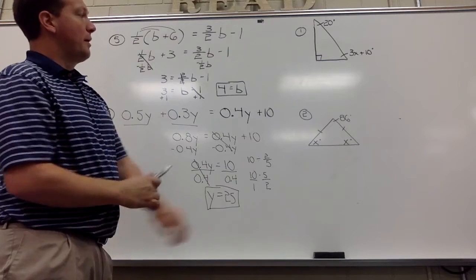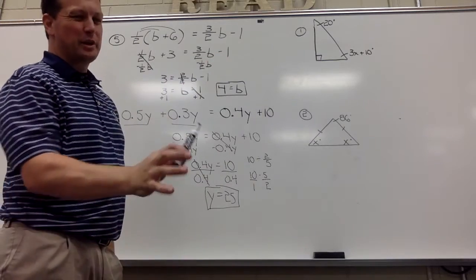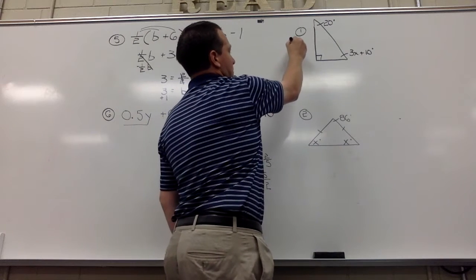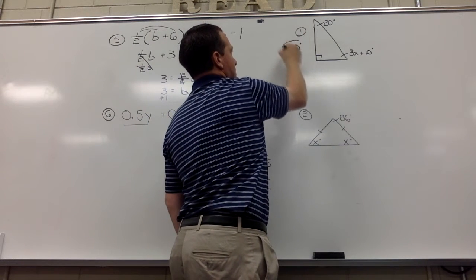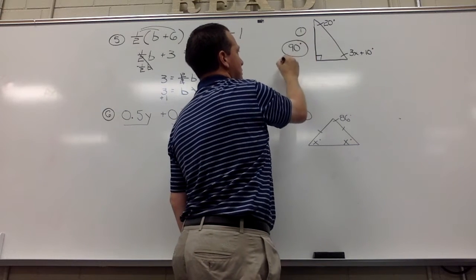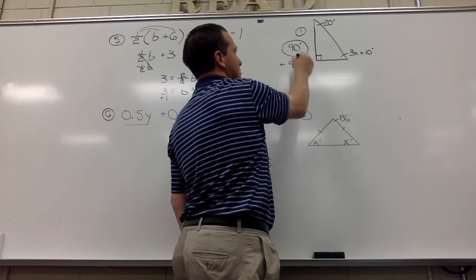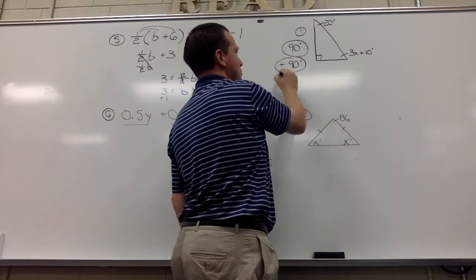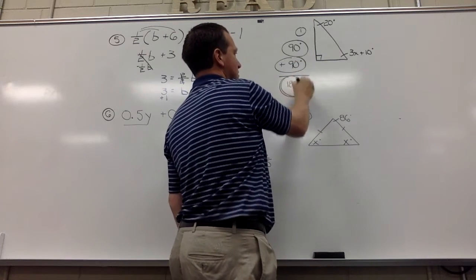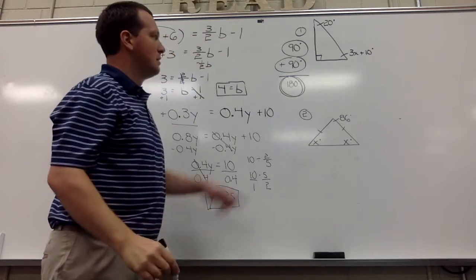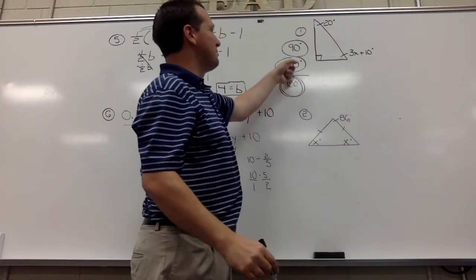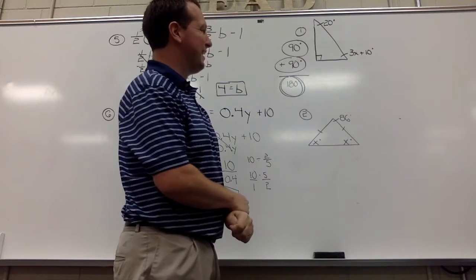All right, example 1. I need to recall that in a triangle, if you add all angles together, there are a total of 180 degrees. So my right angle here is 90, and then my other two need to add up to 90.